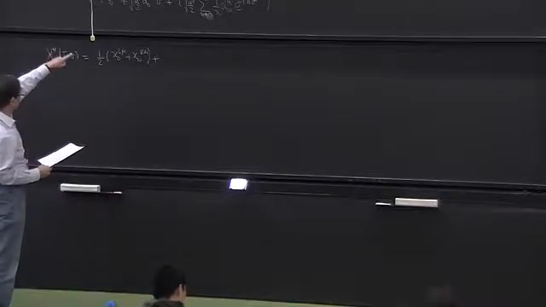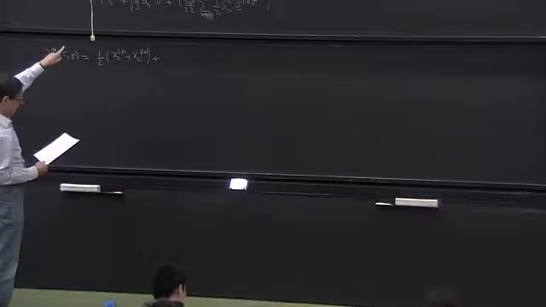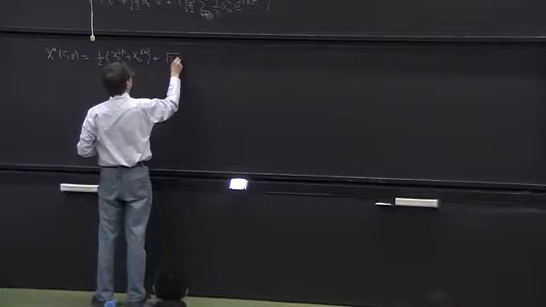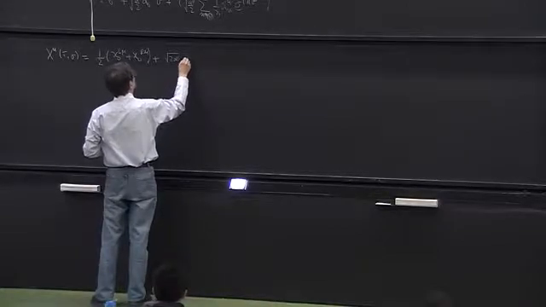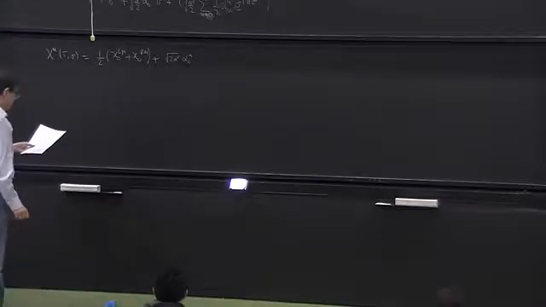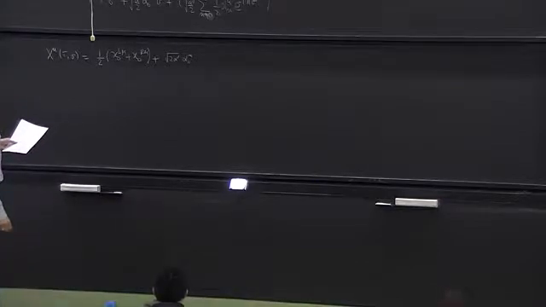I have to sum the two of them, so I get the square root of 2 alpha prime, alpha 0 mu, and then u plus v, which is 2 tau.